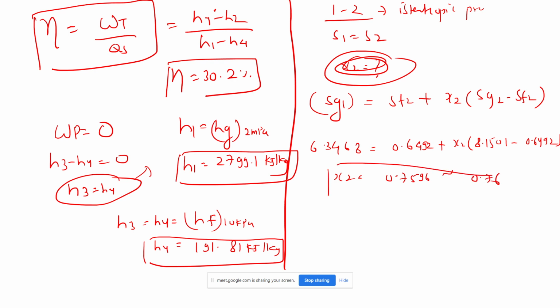Now the enthalpy of point 2 you can directly determine as Hf2 plus X2 into Hg2 minus Hf2.